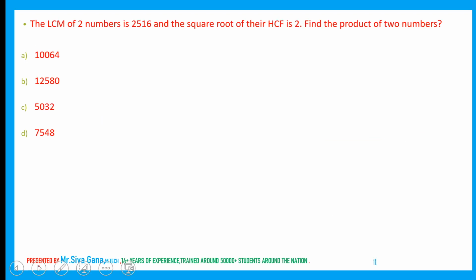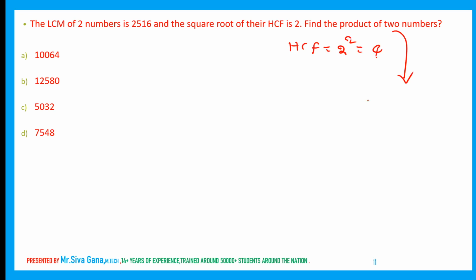In LCM, I already told you, wherever you go, LCM and HCF follow in the placement examinations. Here is another question. The LCM of two numbers is 2516. The square root of their HCF is 2, which means HCF is 2 square, nothing but 4. Find the product of the two numbers. Very simple.